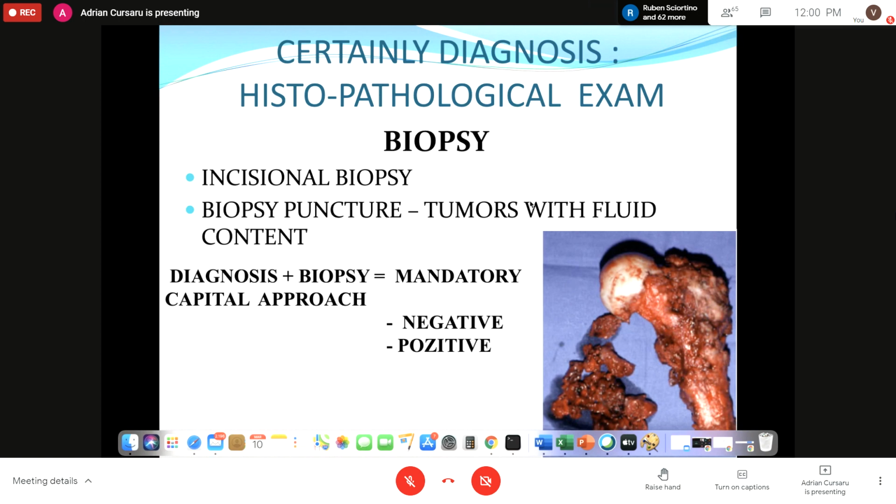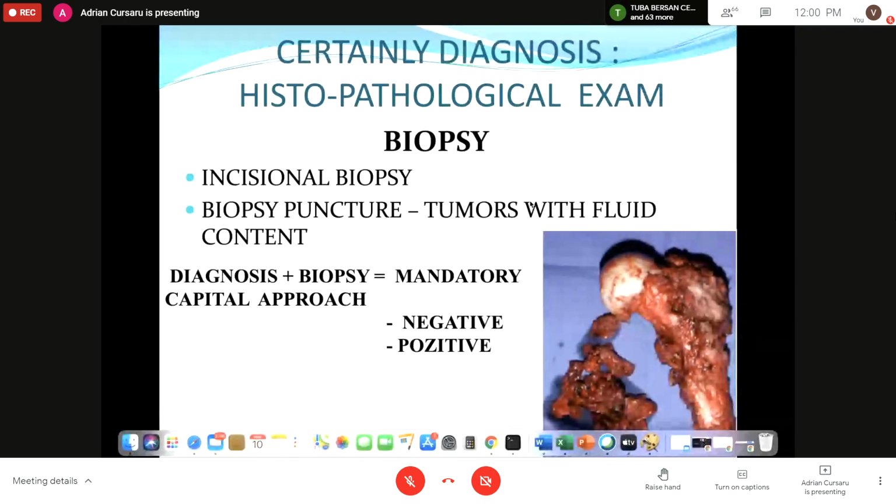There are types of biopsy, including the incisional one and the biopsy puncture, depending on the type of the tumor, and more importantly, it depends on the localization of the tumor.